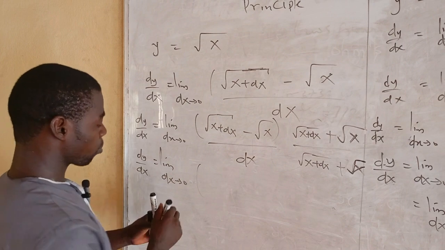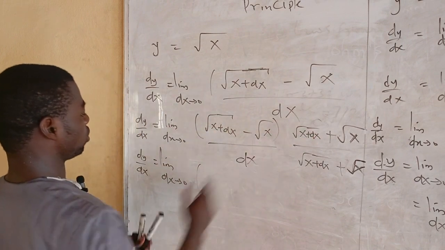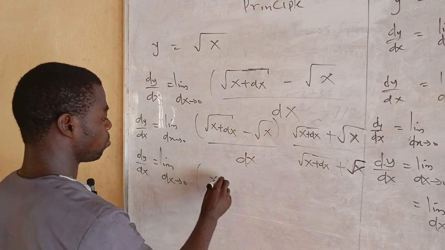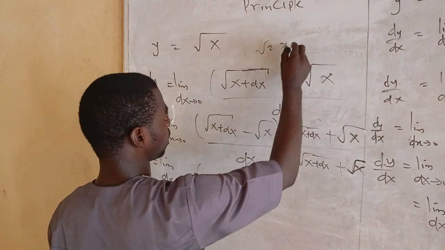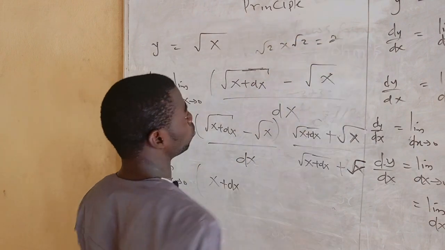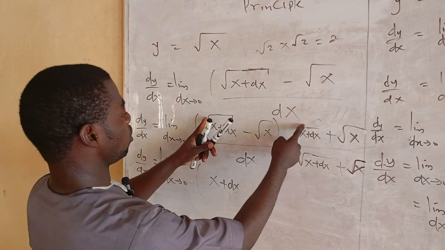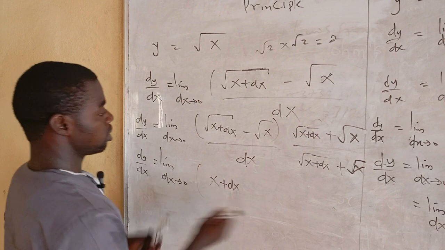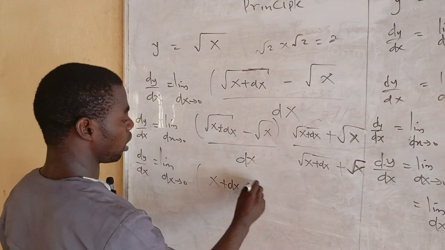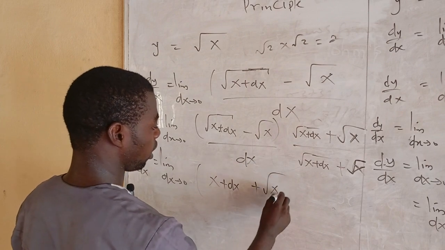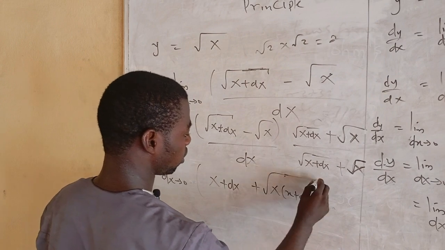Square root of x plus dx multiplied by square root of x plus dx gives x plus dx, because for example square root of 2 times square root of 2 will give us 2, so the square roots just go out. Then we have square root of x multiplied by this, so plus root x into root of x plus dx.